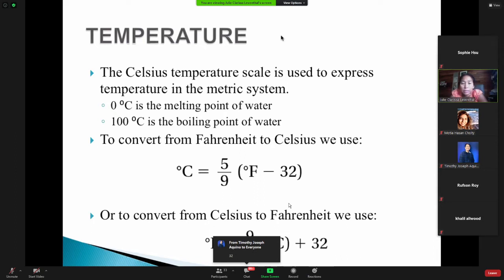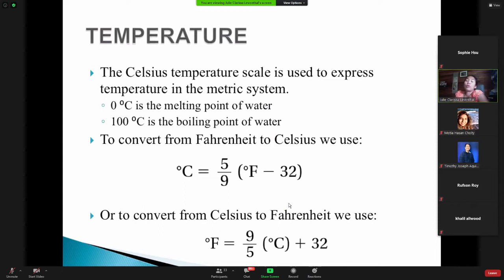What about the temperature of room temp? Room temp is usually, by convention, 25 degrees Celsius. So what is 25 degrees Celsius in Fahrenheit? You know, 9 over 5 is 1.8.